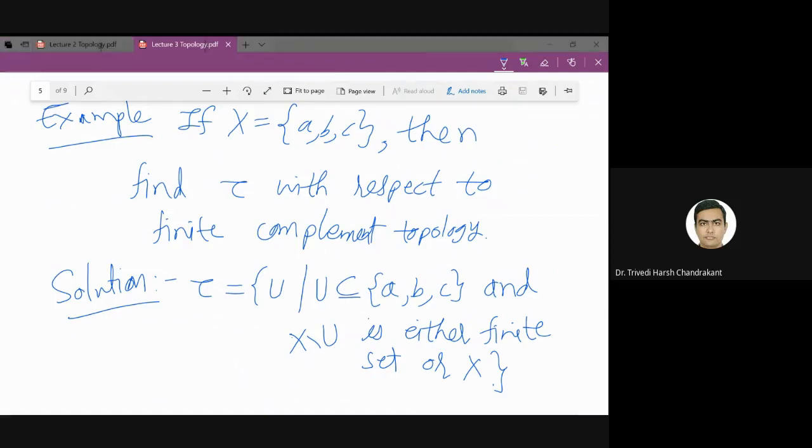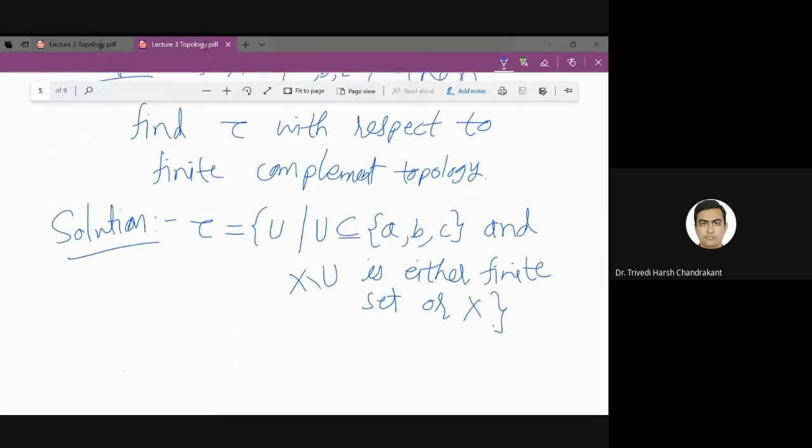So X minus U is always a finite set, whatever U I take. That means all the subsets of the set X are allowed choices of U. So basically this is nothing but the power set of X.